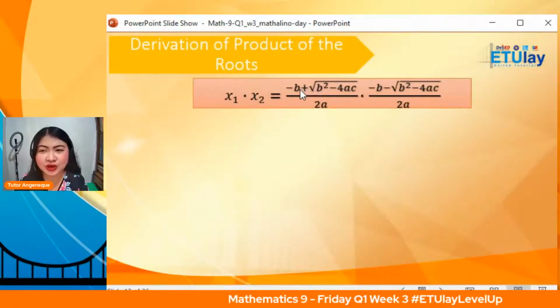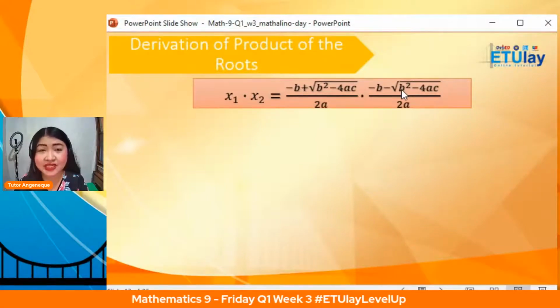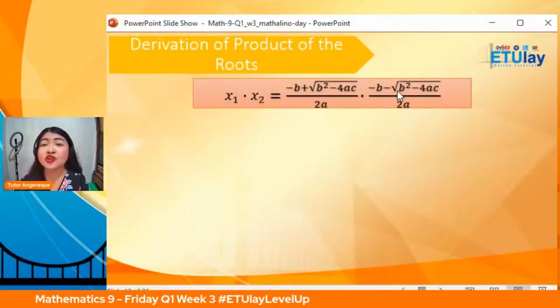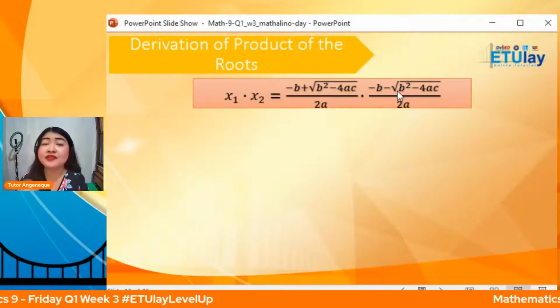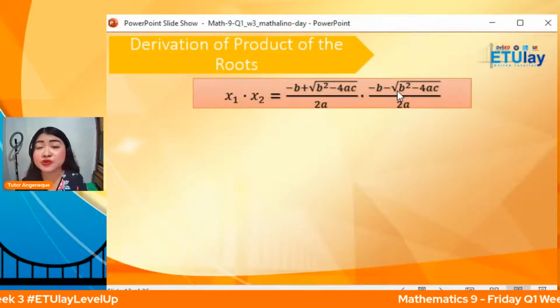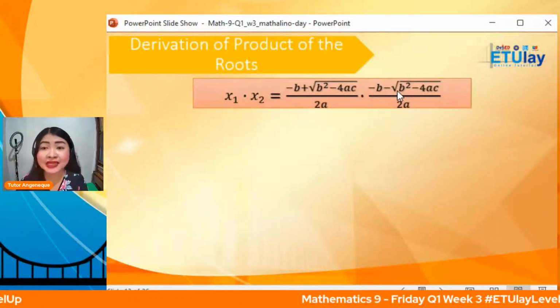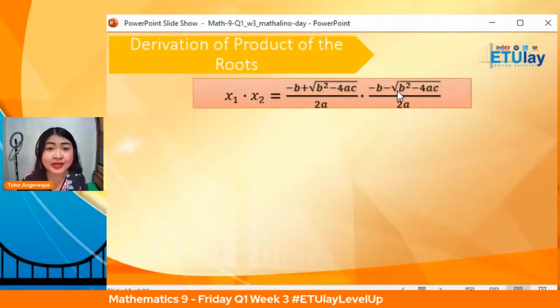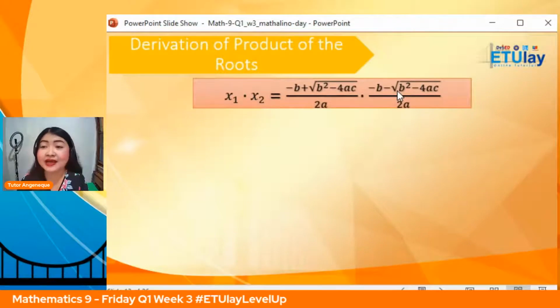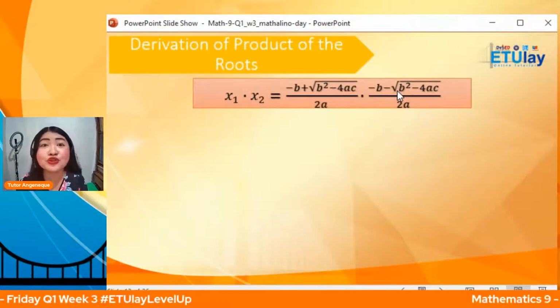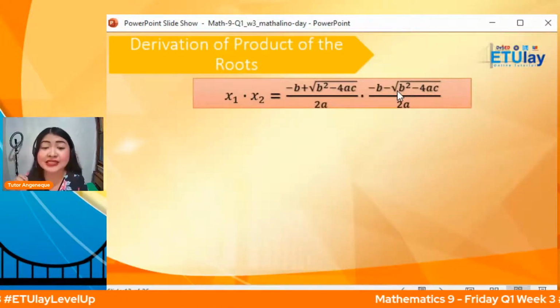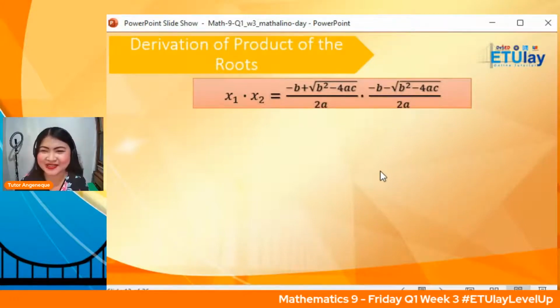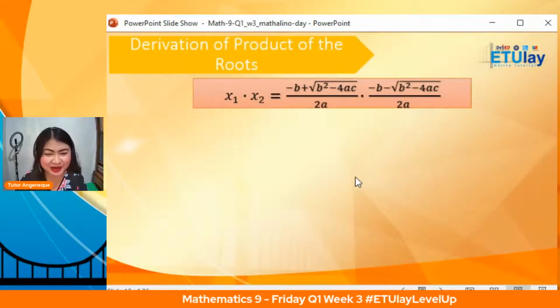Kung napapansin nyo, this is sum and difference of two terms. So, if you multiply the sum and difference of two terms, then the answer will be the difference of two squares. Very good, Alexander.